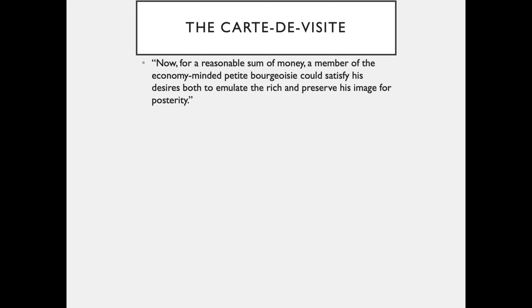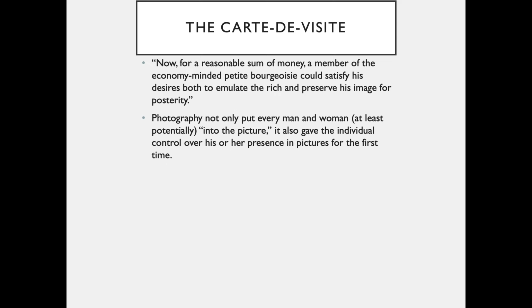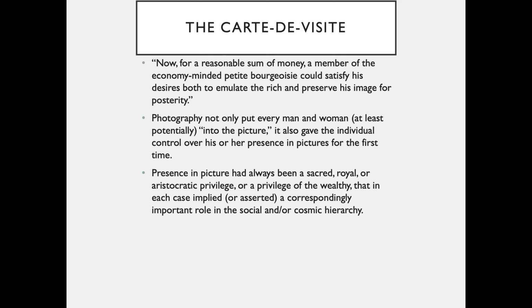Now, for a reasonable sum of money, a member of the economy-minded petite bourgeoisie, or lower middle class, could satisfy his desires to both emulate the rich and preserve his image for posterity. Photography not only put every man and woman, at least potentially, into the picture, it also gave the individual control over his or her presence in the picture for the first time.